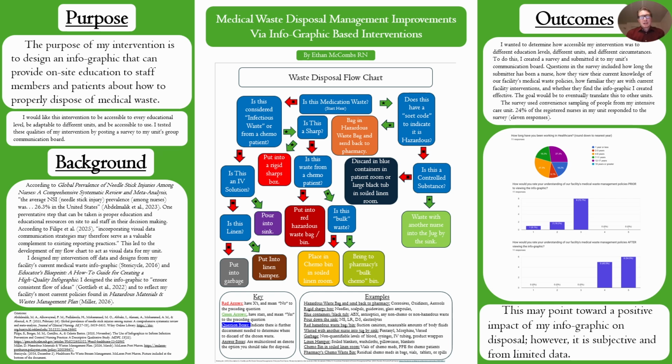One preventative step that can be taken is proper education and educational resources on site to aid staff in their decision making. According to Felipe et al., incorporating visual data communication strategies may therefore serve as a viable complement to existing reporting practices. This led to the development of my flowchart to act as visual data for my unit.